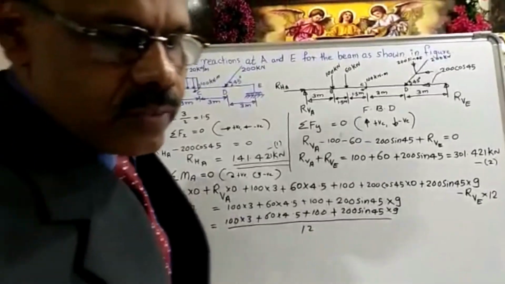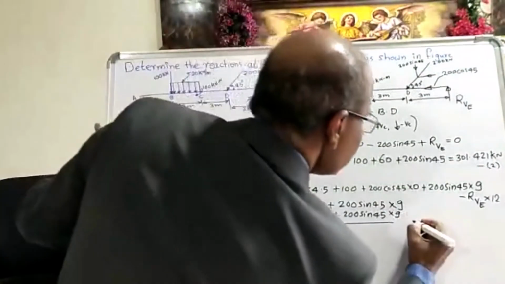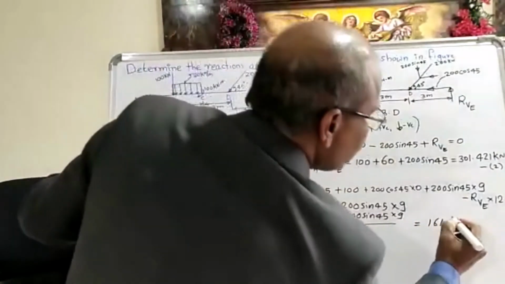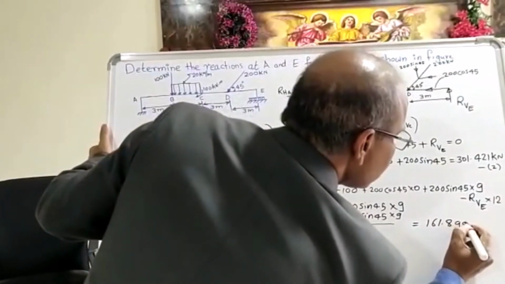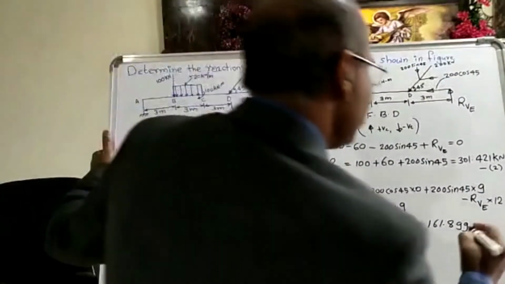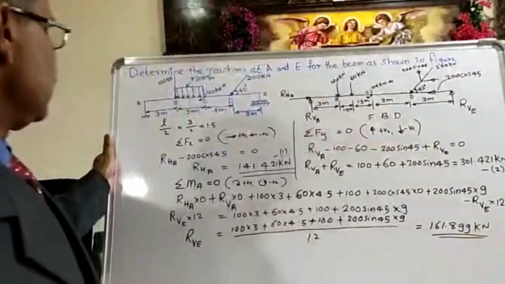I already have the value here, so I am writing it over here. The value is 161.899 kilonewton.